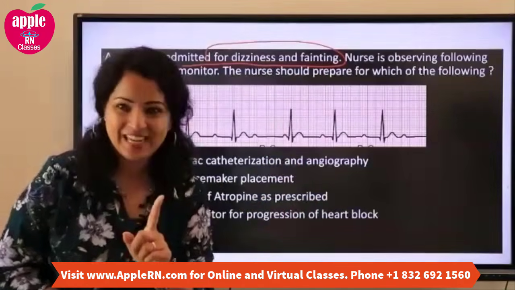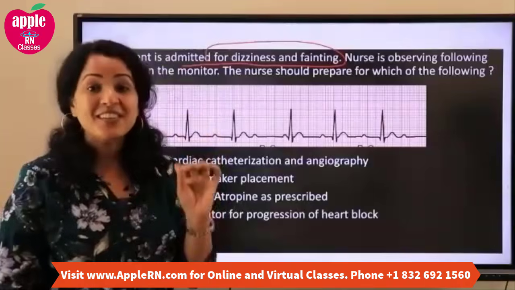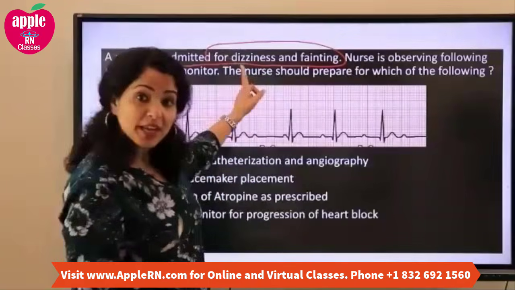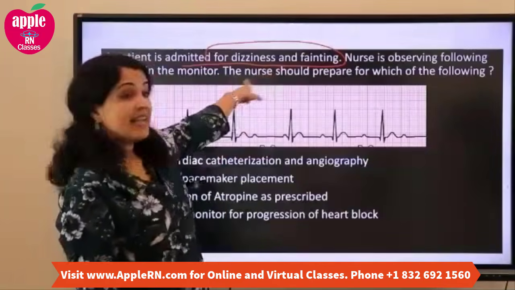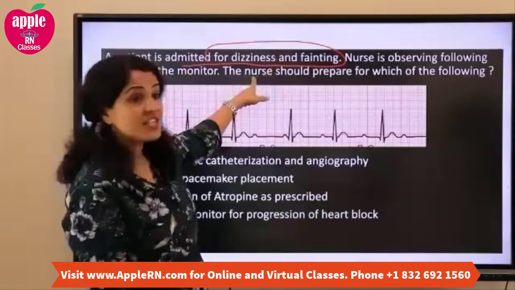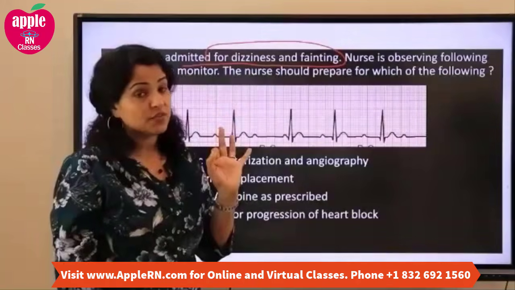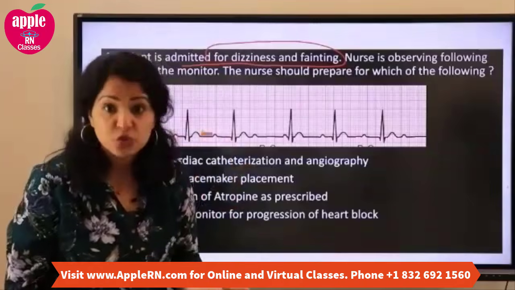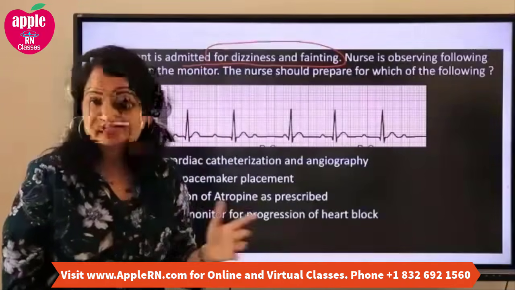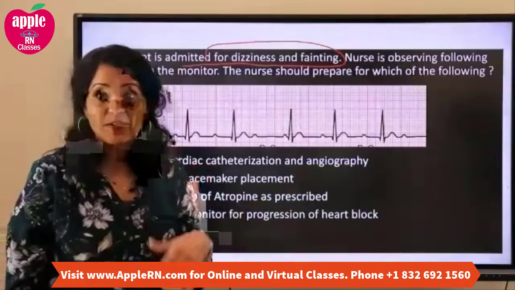So don't make that mistake, okay? We have to look at the question and make sure that we understand it correctly. In this one, it says there is fainting, there is dizziness. So because of that, we are taking it as a symptomatic problem. It's something we have to do something about. It's not something we can just continue to monitor. We need to do something.